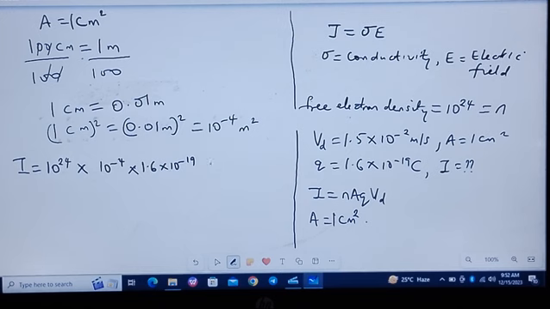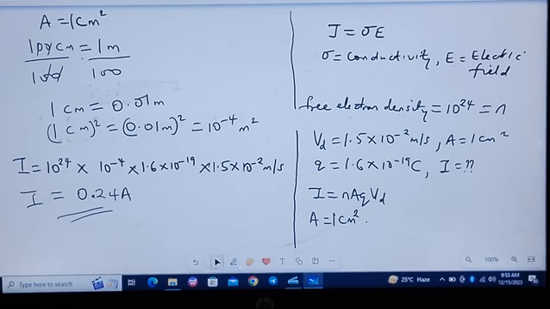I'm just excluding the units because they are all in SI units. Then V subscript D was given as 1.5 times 10 raised to the power minus 2 meter per second. So if you do your mathematics very well, your current will give you 0.24 ampere. That is the answer to this particular problem.